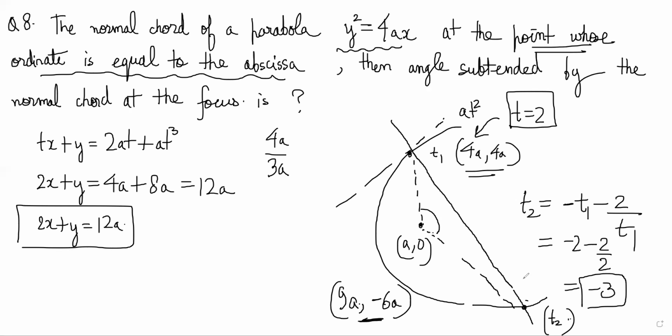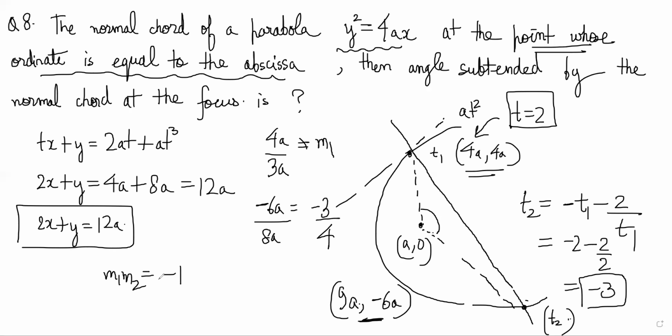And m2 is minus 6a minus 0 by 9a minus a, so 8a. So this is minus 3 by 4, right? So the angle is 90. Angle subtended will be pi by 2 because we are getting m1 m2 is minus 1.